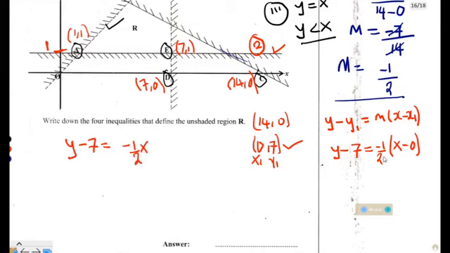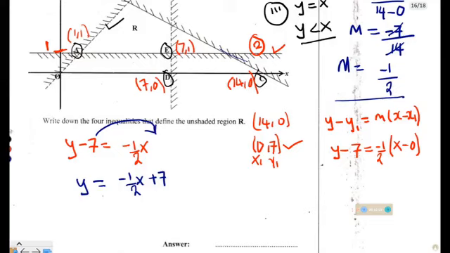What has happened here is negative half has opened the brackets by multiplying everything inside. Negative half times x is negative half x. Negative half times negative 0 is positive 0, which makes no difference. Now we need to take this negative 7 to the other side. So I'm going to have y is equal to negative half x, then plus 7.